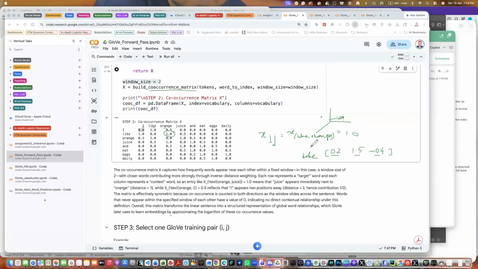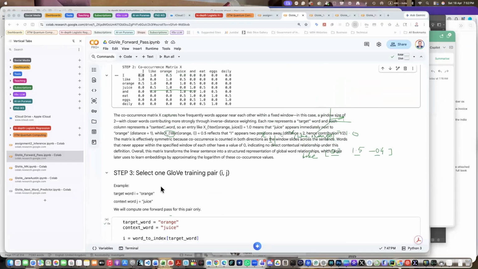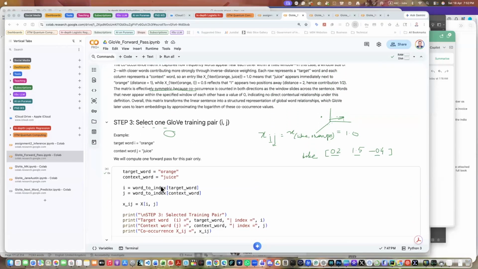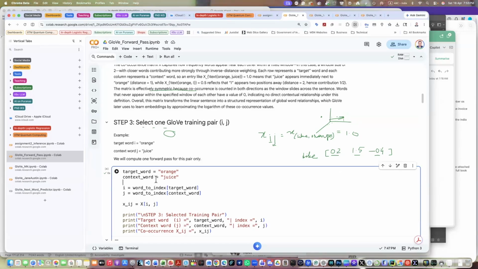Okay. So now we get this value. Now this is important. Just remember this. I will come back to this as we proceed forward. Right now, for the forward pass, we will do this multiple number of times. In the neural network, I consider two words: the target word as orange, and the context as juice.